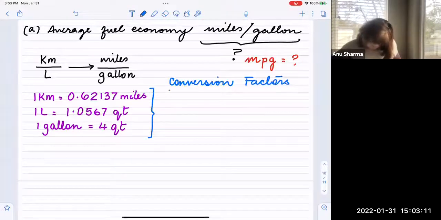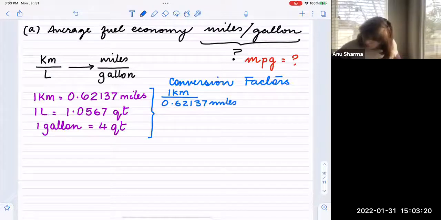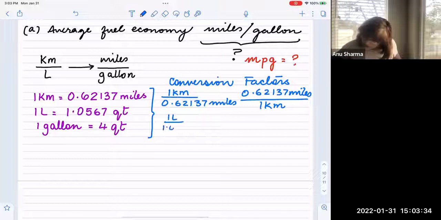So here we have 1 kilometer over 0.62137 miles, or 0.62137 miles over 1 kilometer, or the next one is 1 liter over 1.0567 quarts, or 1.0567 quarts over 1 liter.